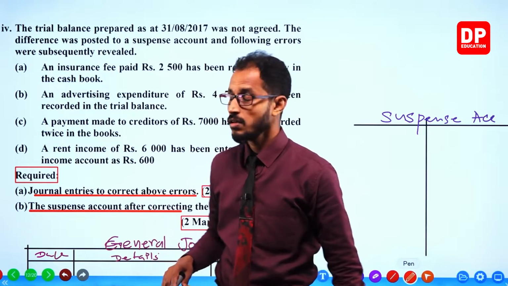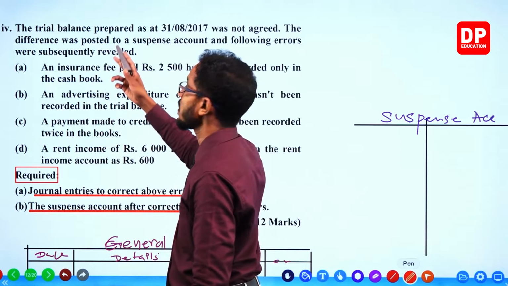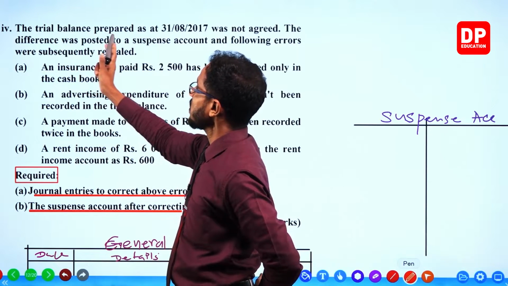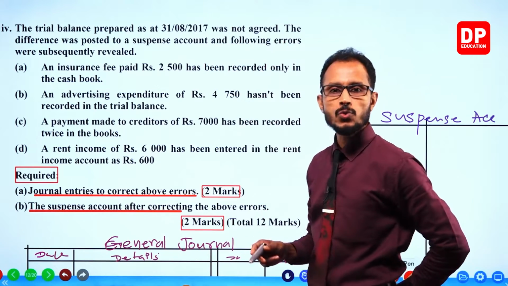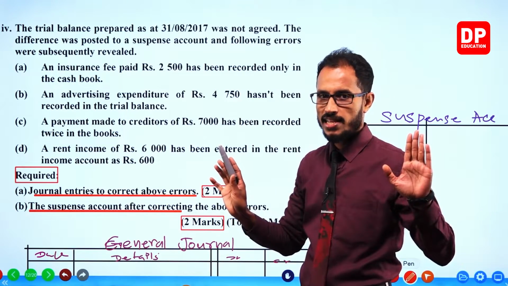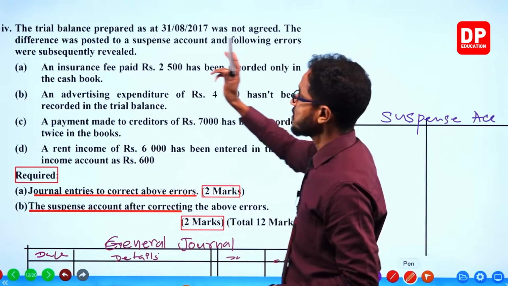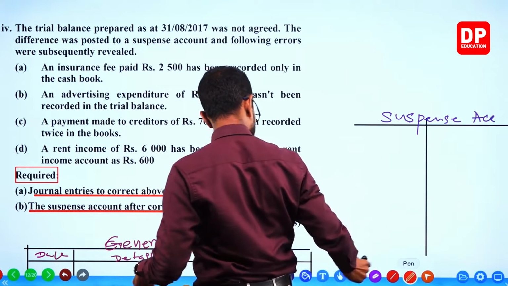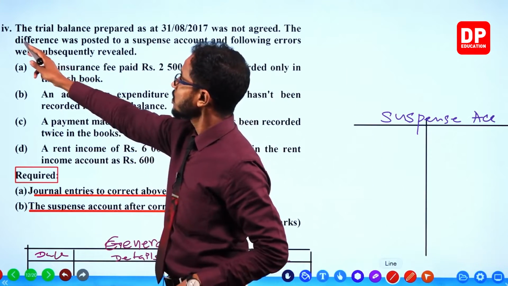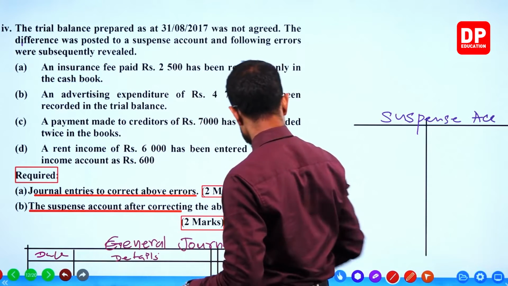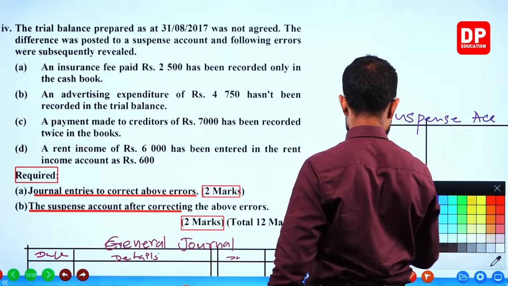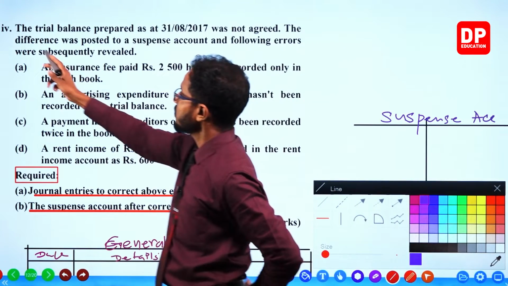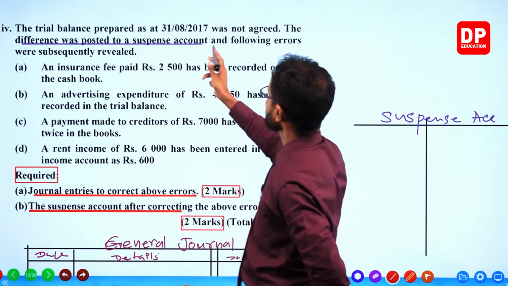The trial balance prepared as at 31st August didn't agree, not tallied. There was a difference, and the difference was posted to the suspense account.